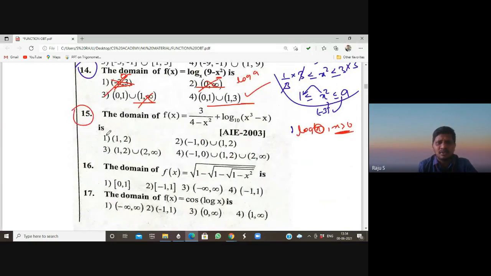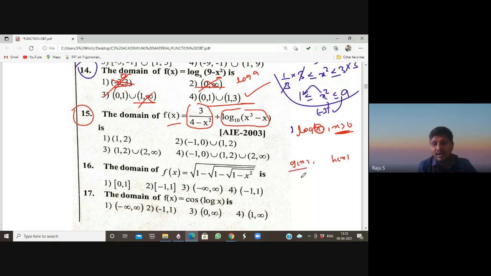Just logical questions. See here, they have given two different functions. In the above question, they gave only one function, but here two different functions. Let us take the first one as g of x and the second one as h of x.